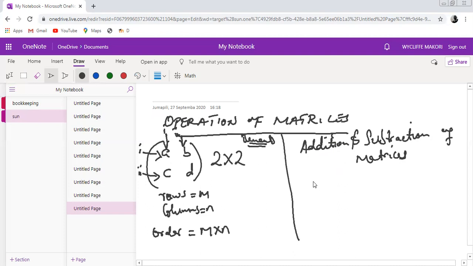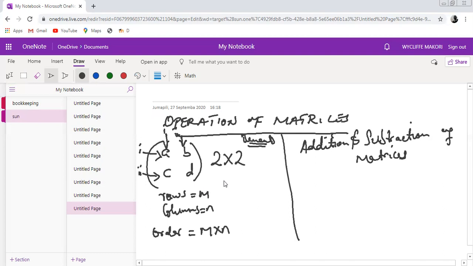As far as addition and subtraction are concerned, two matrices can be added or subtracted if and only if they are of the same order. We cannot subtract matrices which are not of the same order. So if it is a 2 by 2 matrix, it can only be added or subtracted by a 2 by 2 matrix.